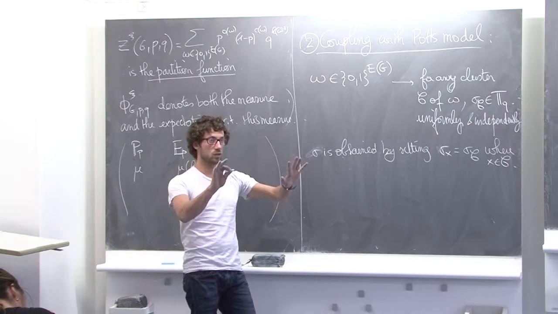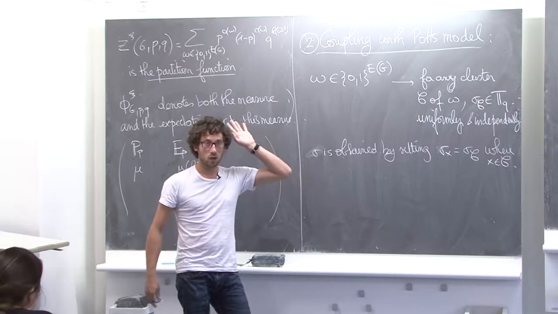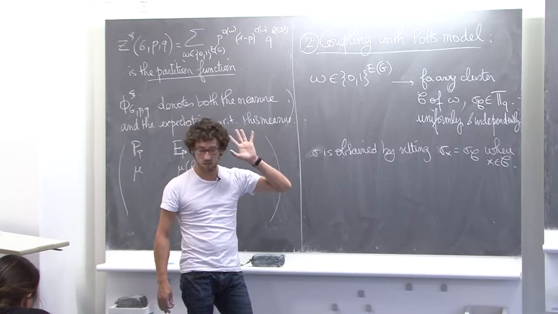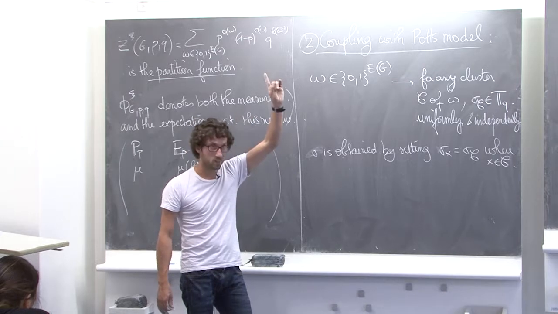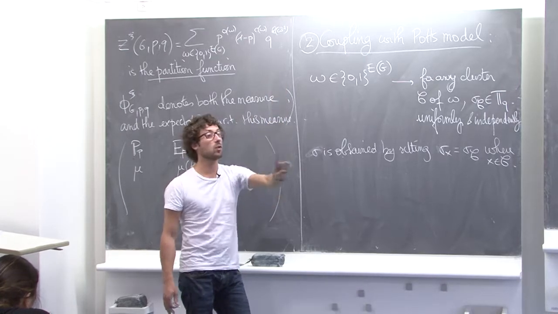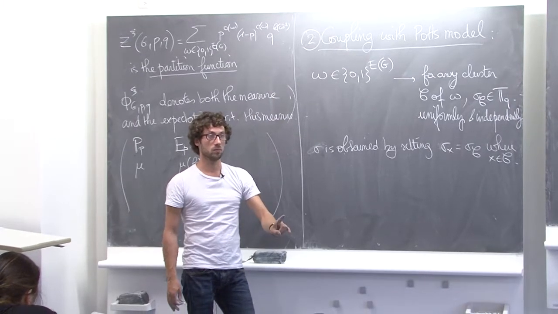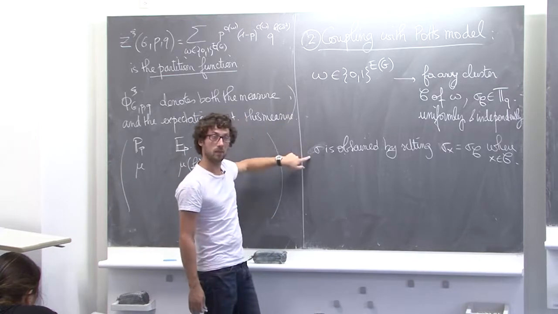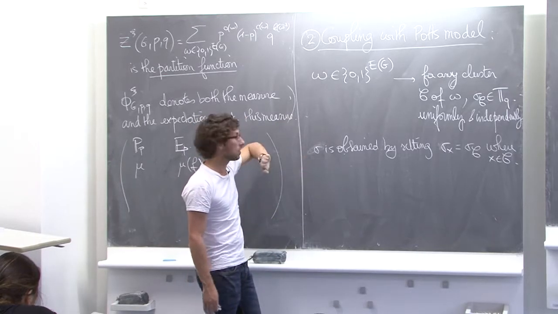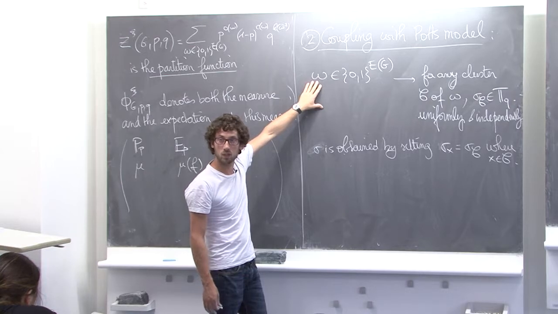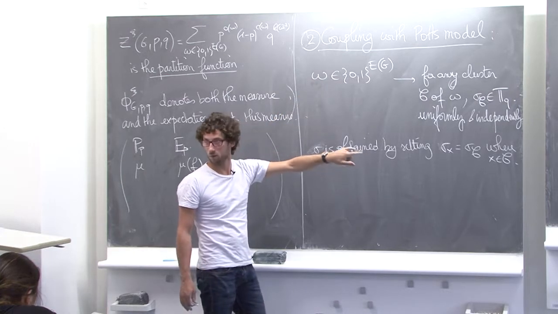So you have a percolation configuration; for every cluster you sample uniformly, independently of everything else, one spin, and then you give it to everybody in the cluster. So from omega, you get a sigma. You can start from any percolation configuration and do it with any q.